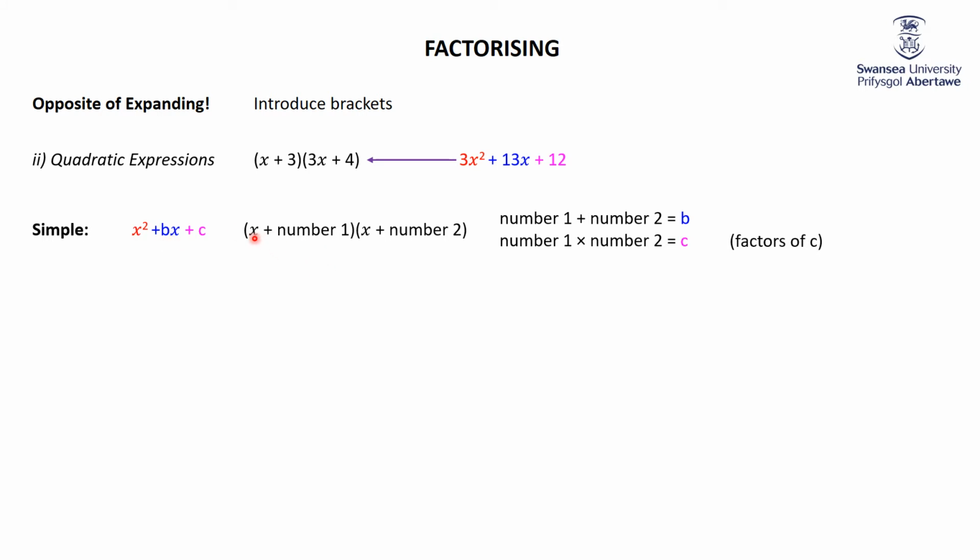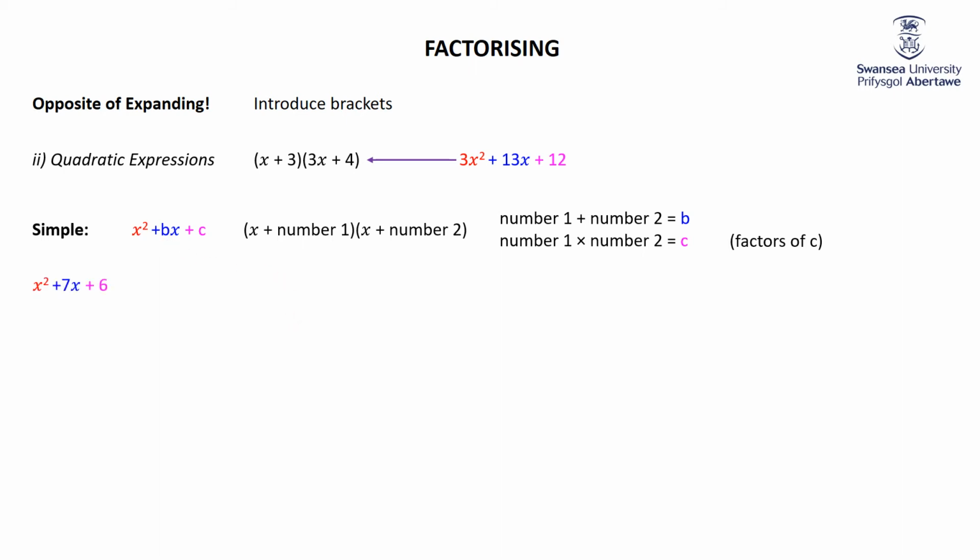So that comes from the outer, x times number 2, and the inner, x times number 1. So in other words, b, this x coefficient, so to speak, is simply the sum of number 1 and number 2. So in order to factorize a simple expression like this, you look at what the factors are of c, and then you see which of those add together to give you the number b.